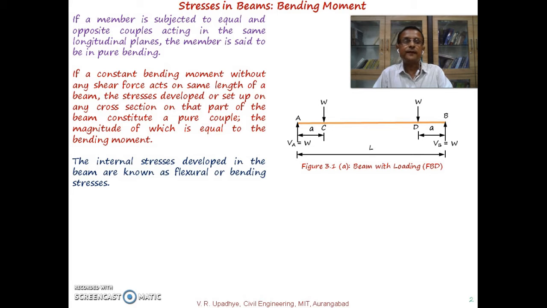If you go through this diagram, figure 3.1a, this is a simply supported beam supported at A and B, subjected to a point load W at distance a from support A, and again a point load W at point D at distance a from the other support B. If the span of the beam is L, then look at the shear force diagram.